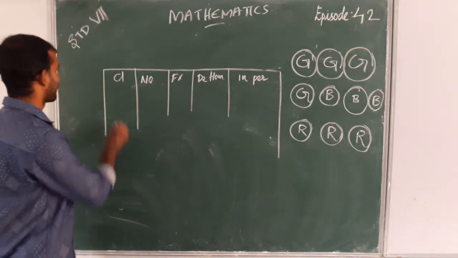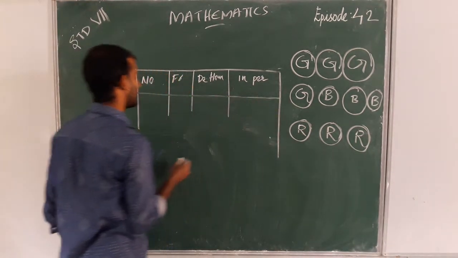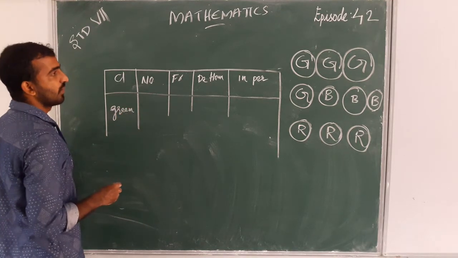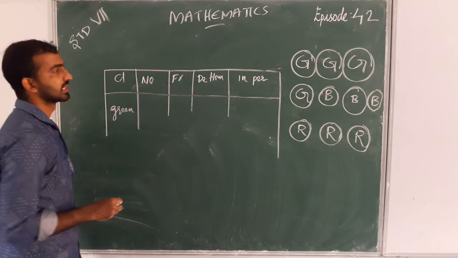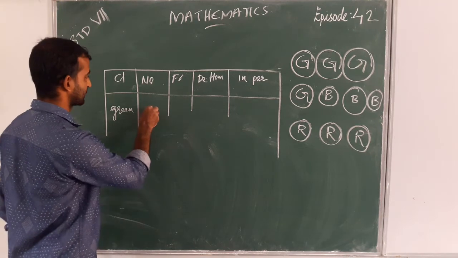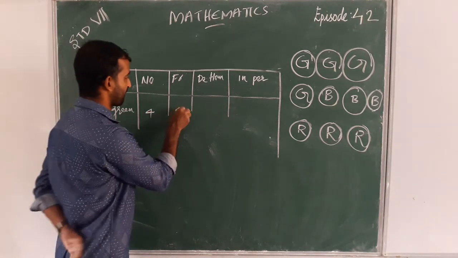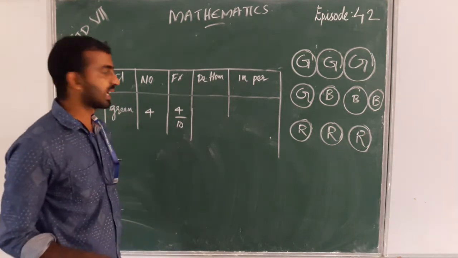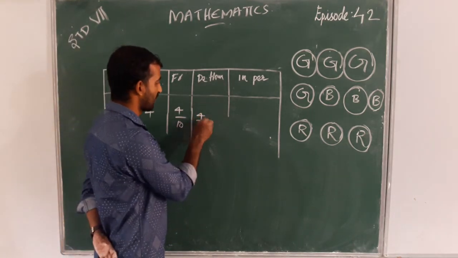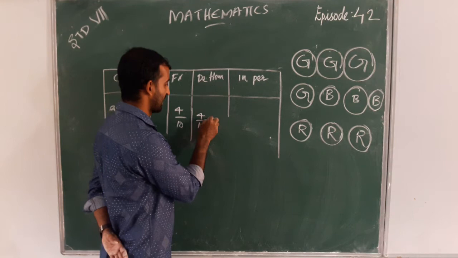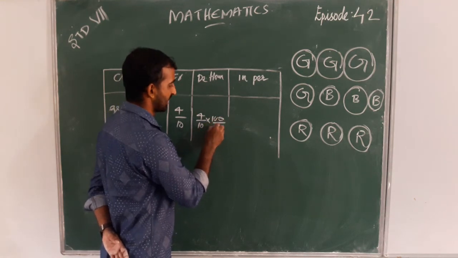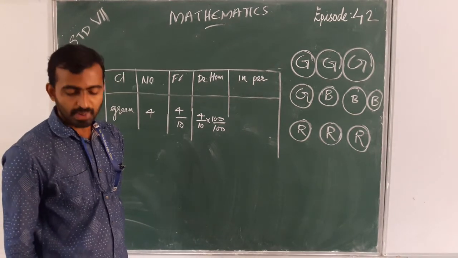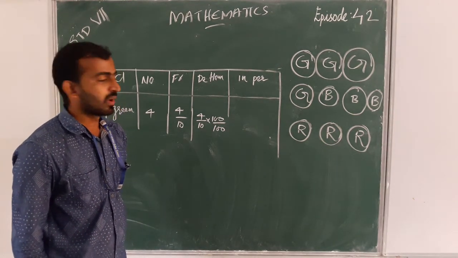First is green. The number is 4. The fraction is 4 by 10. We can write 4 by 10 into 100 by 100.